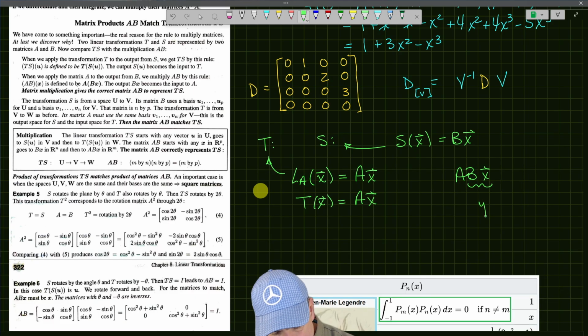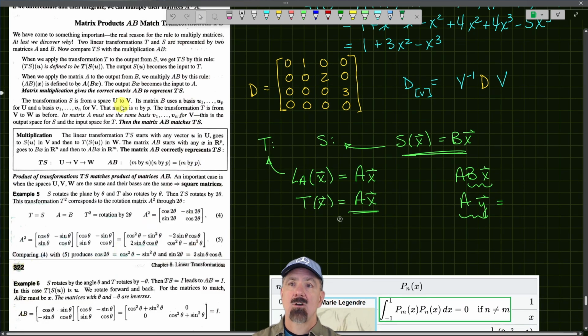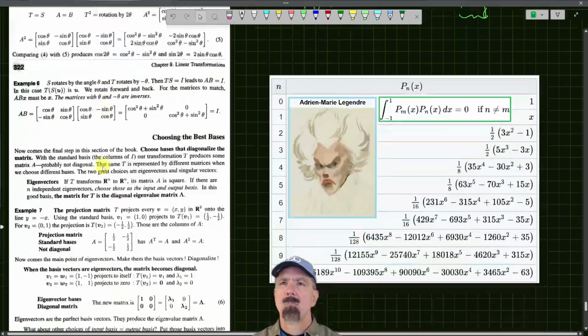And so this gives us some vector y that comes out of the S transformation. And then we're multiplying by A, and that's giving us whatever our answer happens to be. And this is just the T transformation. So the composition of linear transformations, doing one transformation and then another transformation, is nothing more than matrix multiplication. And that's this entire conversation right here.